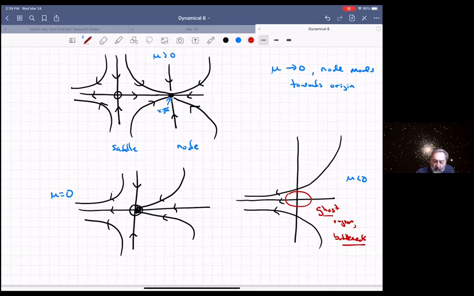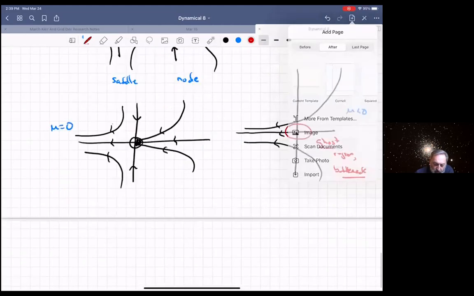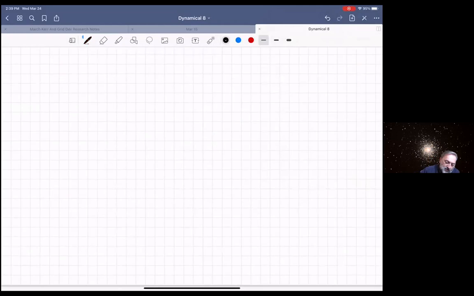This is something I think we kind of skipped over, the concept of bottlenecks, but I want to come back to them real quick. So let's go back to 1D flows.